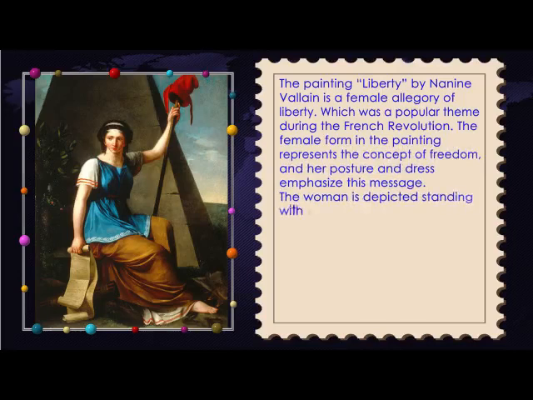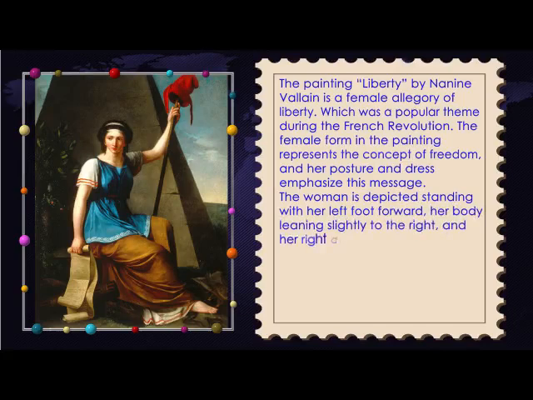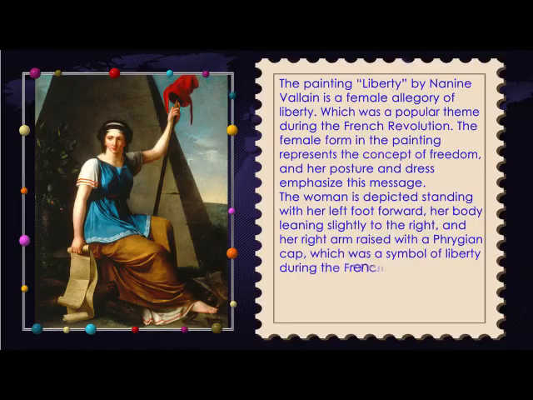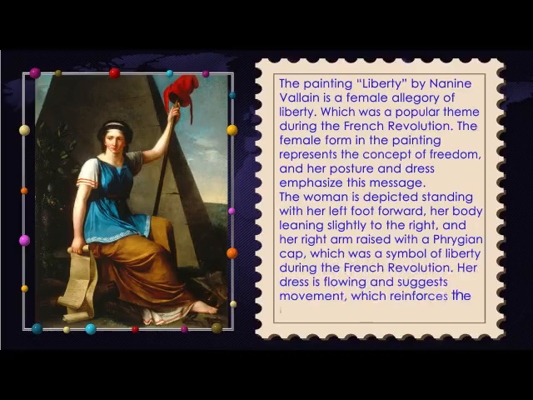The woman is depicted standing with her left foot forward, her body leaning slightly to the right, and her right arm raised with a Phrygian cap, which was a symbol of liberty during the French Revolution. Her dress is flowing and suggests movement, which reinforces the idea of freedom.